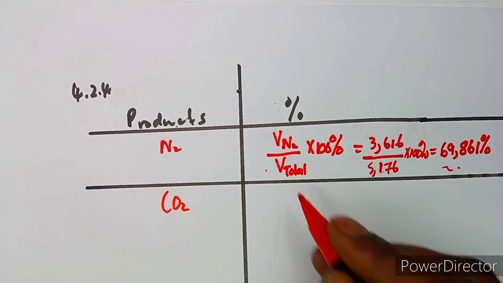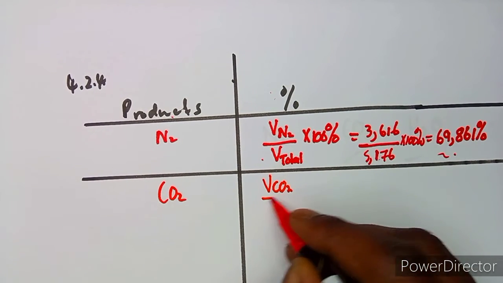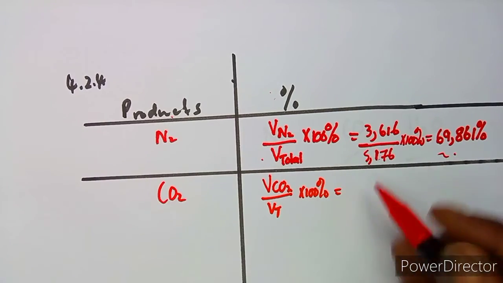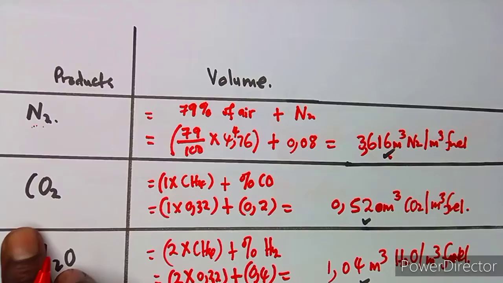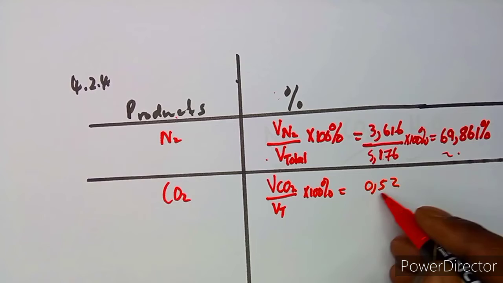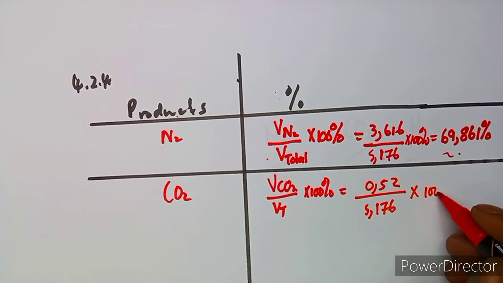So it's just the same as what we did, volume of carbon dioxide over the total volume times 100%. That is your carbon dioxide here, 0.52. So it's 0.52 over 5.176 times 100%.